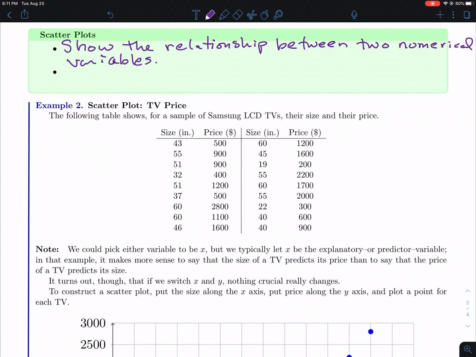Later we're going to call this a correlation, which I'll cover in the next section. Later at the end of the semester we're going to study this more. But again, that's what you would use these scatter plots for. You're trying to see if there's a correlation between the two variables.